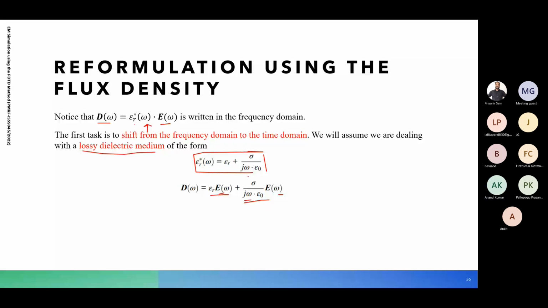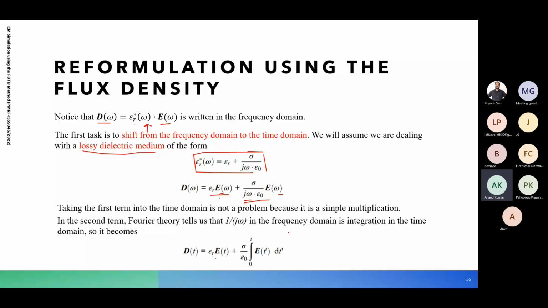So the final expression in time domain is given by this particular equation, where this is translated to this directly, and this changes to an integration in time. This comes from the basic math, the Fourier transform theories that we have learned. So we get this from this.